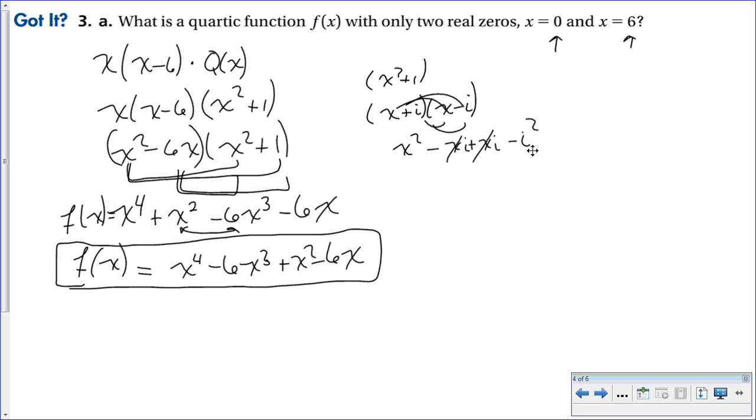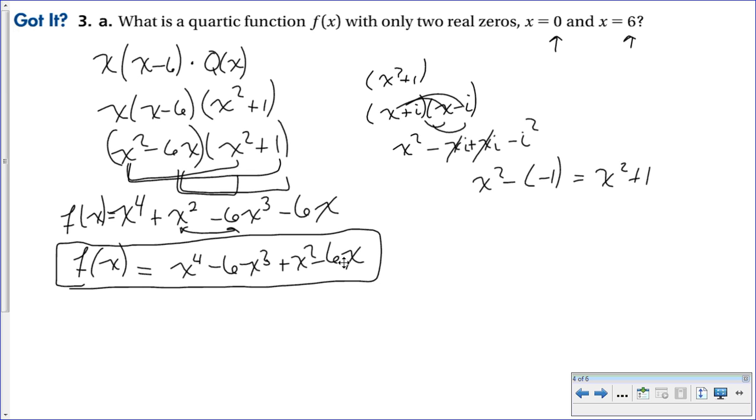That cancels, and i squared equals negative 1. So we have x squared minus negative 1, and of course the double negative gives you x squared plus 1. So we know q of x has no real roots, and I just proved that right here. Then we just distributed the x through, multiplied these two together, got our resulting polynomial, and then wrote it in standard form.